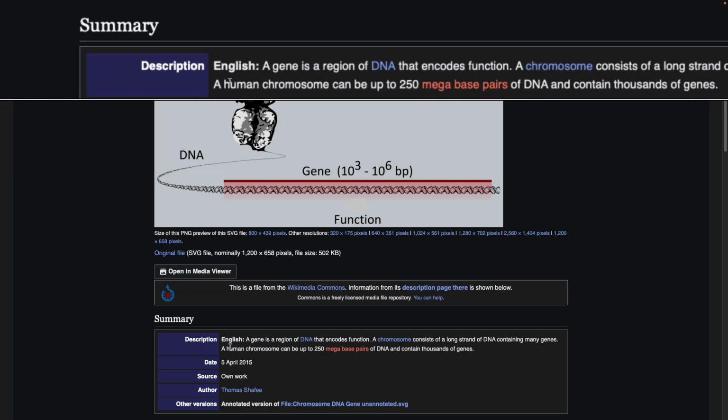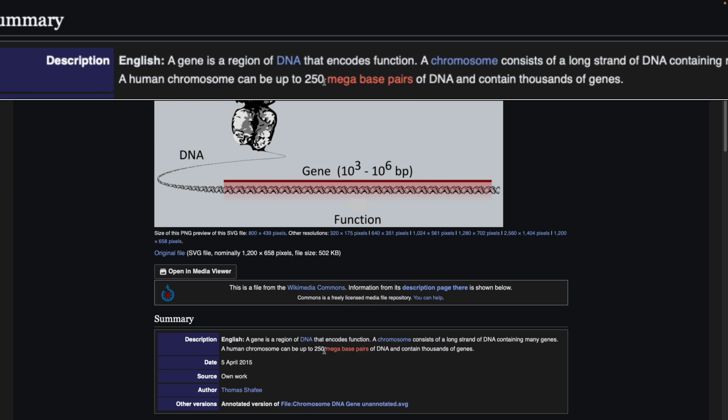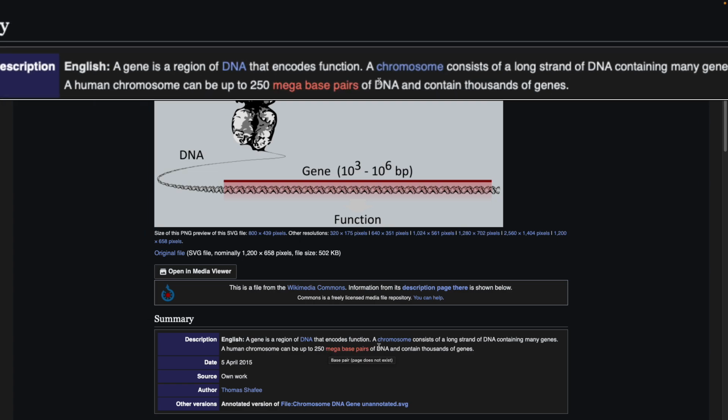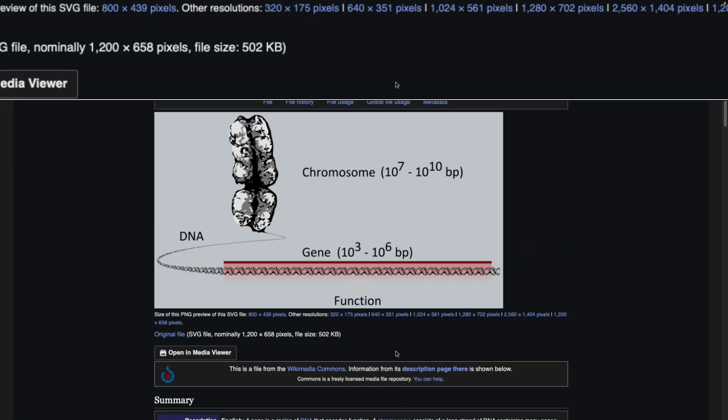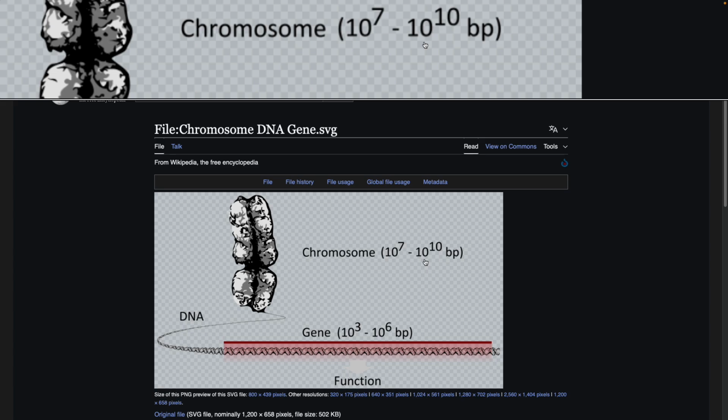A human chromosome can be up to 250 mega base pairs, and contains thousands of genes. So let's have a look. I think BP means base pairs.